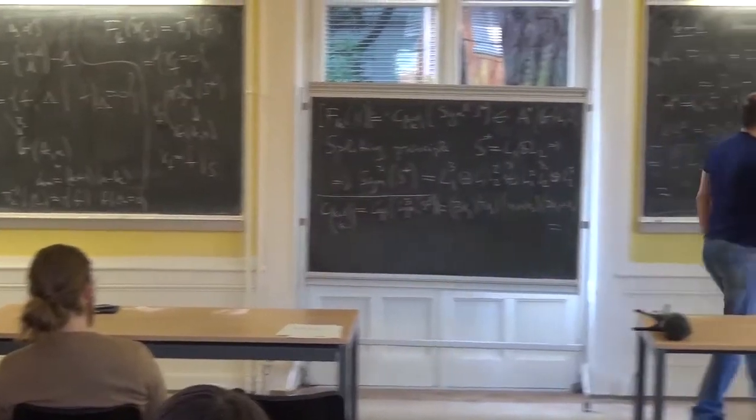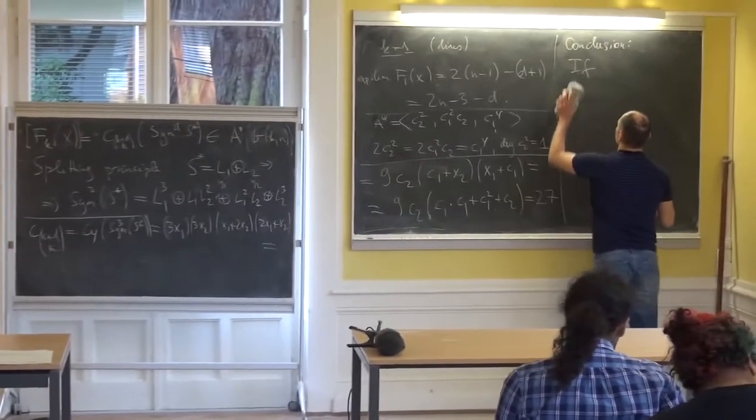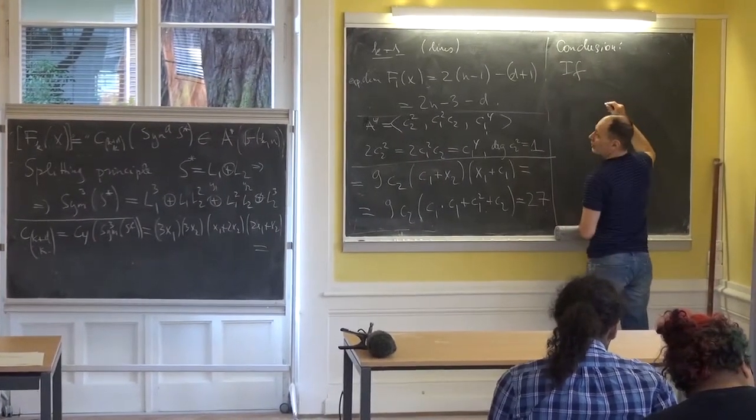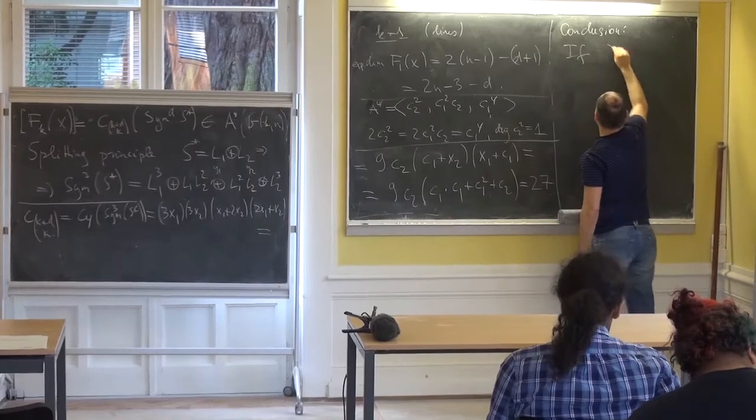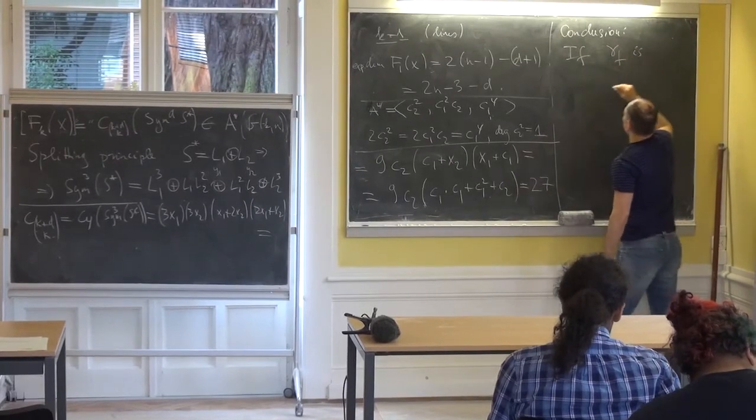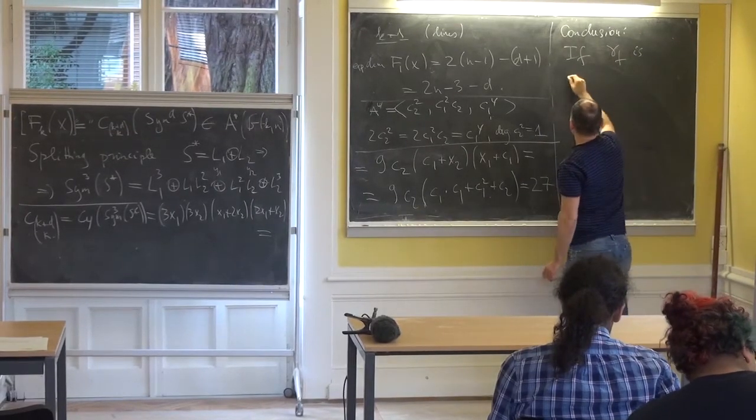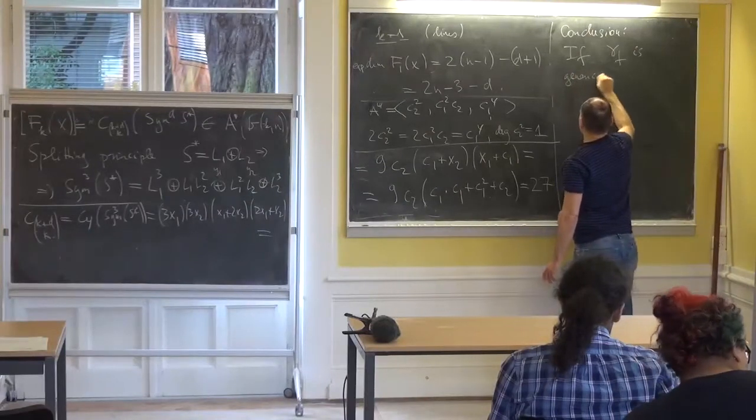So if gamma f is, well, generically transversal, but this is not important now because we only have points.